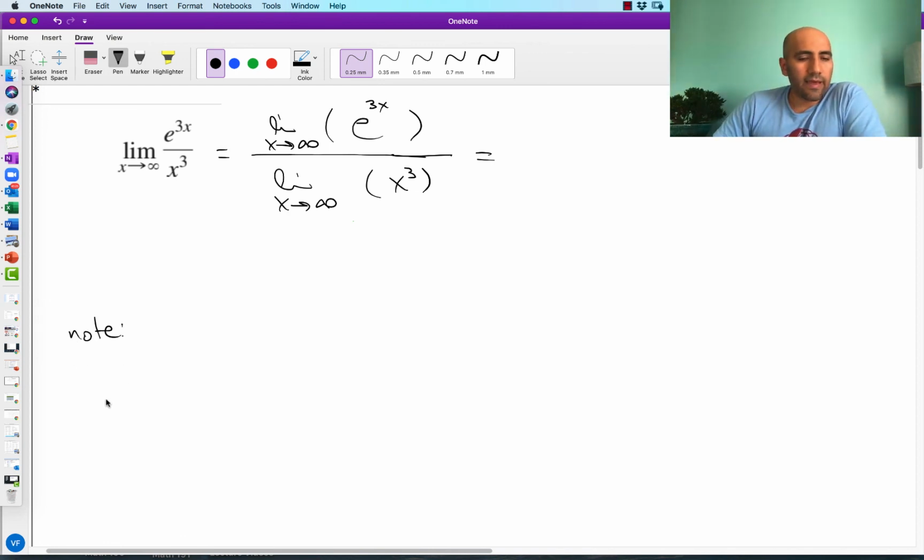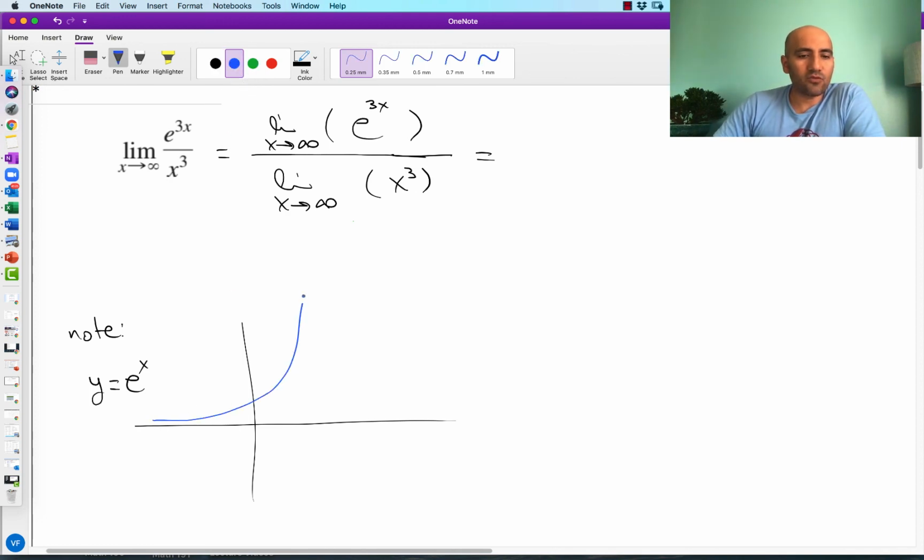Note that if we have some function y equals e to the x power, its graph will have this sort of a shape, as long as x is going toward positive infinity. As x goes toward positive infinity, the outputs of this function are going to grow toward infinity.